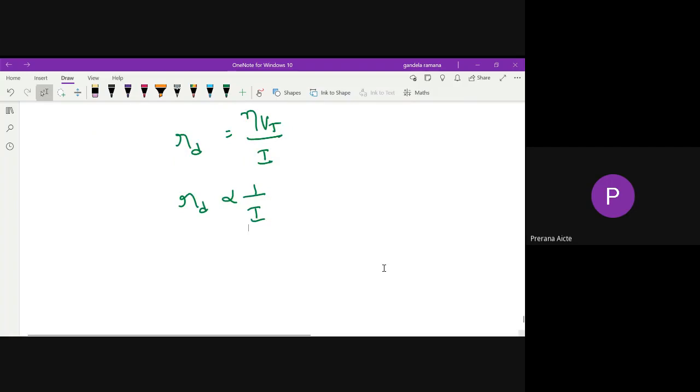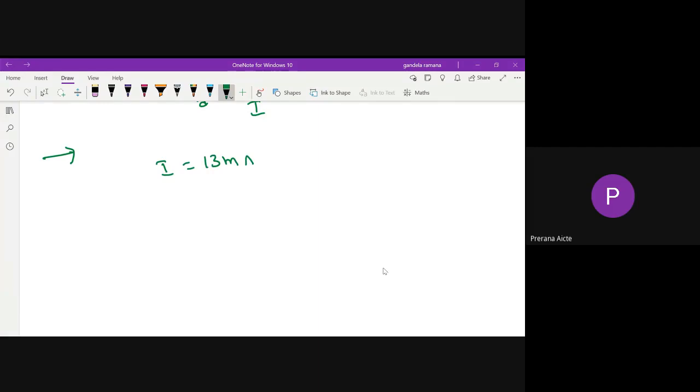So one small problem for this dynamic resistance. For a silicon PN junction, 5 volts forward bias, current is equal to 13 milliamperes. The given material is silicon. What is the Rd value?